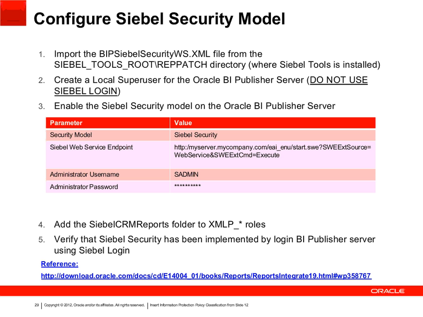Moving on, the next step will be to add the Siebel CRM reports folder, which is located on a BI Publisher server, to the XMLP roles which we discussed earlier. Now let's stop a bit here. What is this Siebel CRM reports folder?